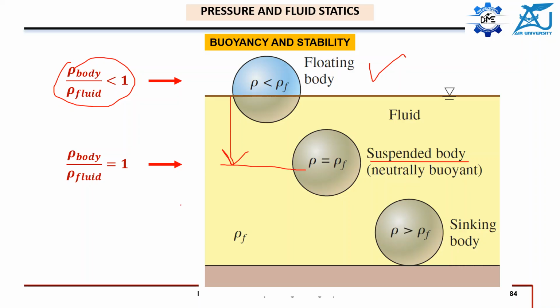Okay. And if it is greater than 1, then it will sink down. The body will sink down. Okay. So this is a general criterion through which we can easily see how a specific body will experience drowning. Okay.